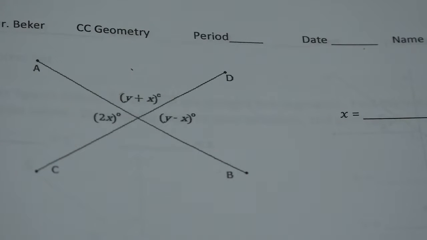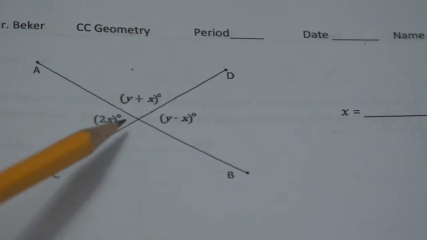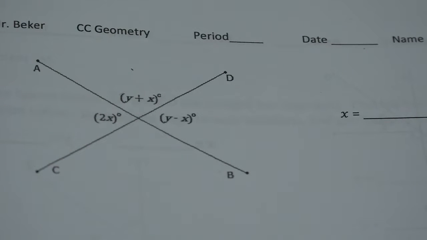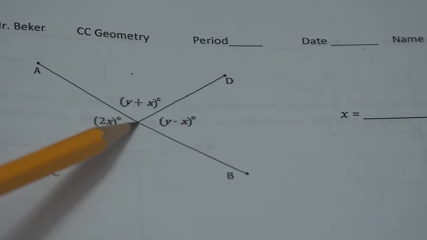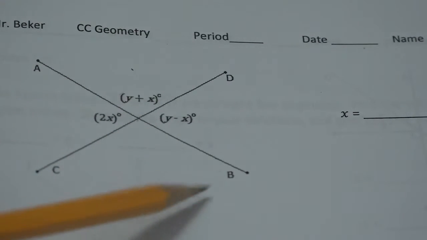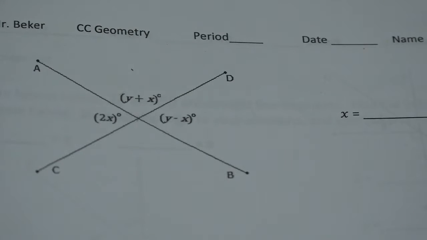I have no idea how to do it, or maybe I do. Alright, so what do we know about this? Well, we know that these are linear pairs, correct? And we know that we have vertical angles, and we also know that angles at a point right here all add up to 360 degrees, right?